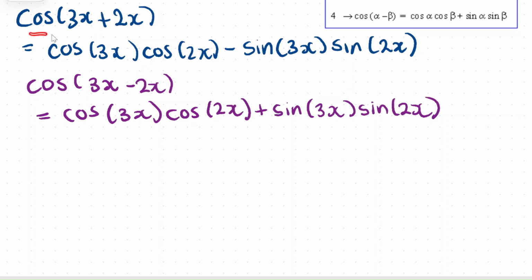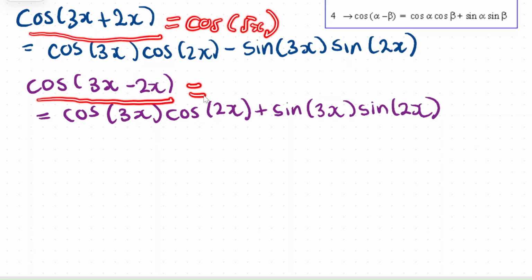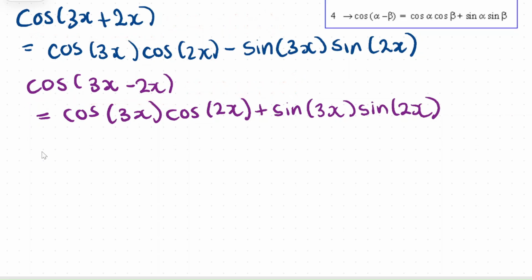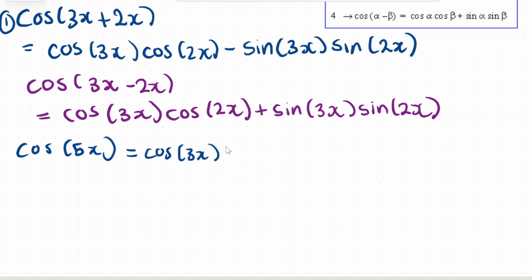Since we know that cos 3 of x plus 2 of x is going to give us cos 5 of x, and we know that cos 3 of x minus 2 of x is going to give us cos of x, then if we write it like this, cos 5 of x, let's say this is number 1, is equal to cos 3 of x cos 2 of x minus sine 3 of x sine 2 of x.